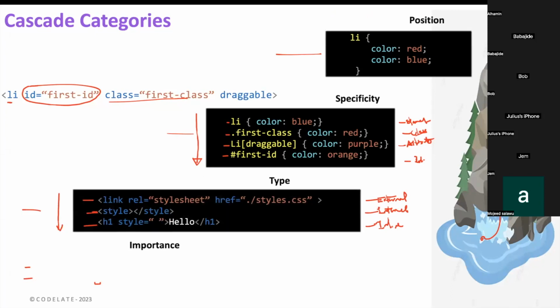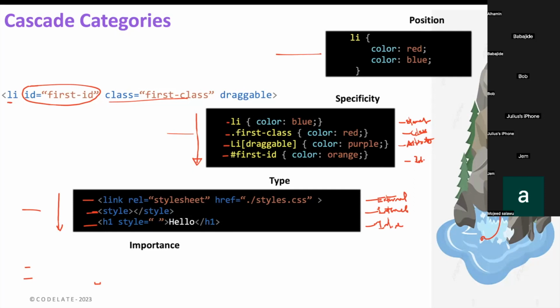We also talked about specificity and how the styling methods have precedence over one another. We talked about the fact that inline styles have more priority. The ID has more priority than the attribute type, than the class type, and than the element type.